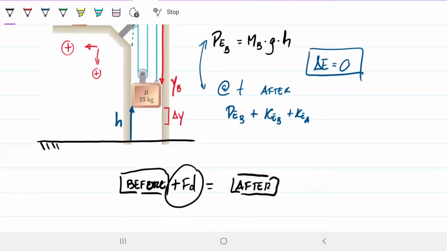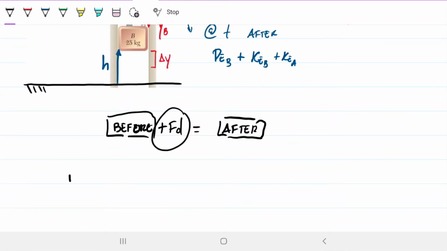Okay, so how do we write this down mathematically? We're saying that the mass of B times gravity times h, plus the force being given to the system times the distance d over which this force was applied, has to be equal to the change in potential energy for B, and this is going to be h minus that delta y, right?